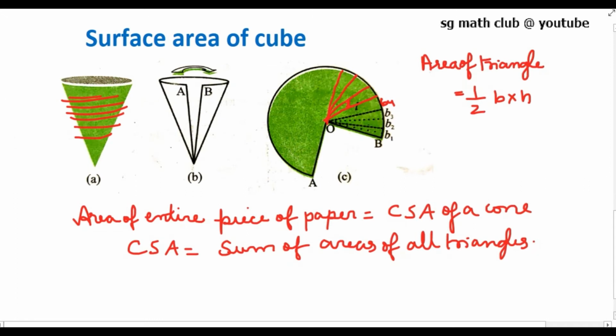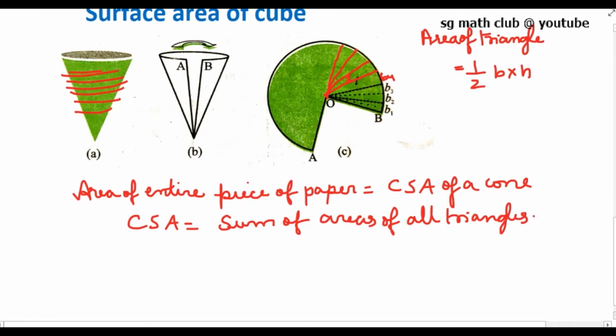When you studied cube and cuboid, there were two areas: lateral surface area and total surface area. For a cylinder also you have two areas: curved surface area and total surface area. In the same way here, first we are going to find the curved surface area of the cone.